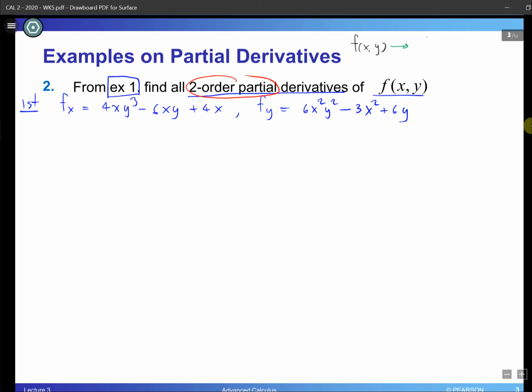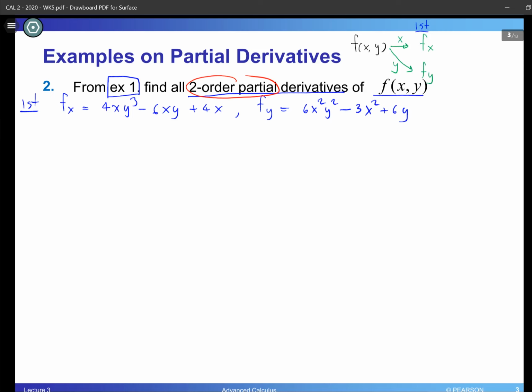So we get this fx, and we diff this with respect to y to get fy. Alright, so let's make a note here that we diff with respect to x and diff with respect to y. And what you have right here is the first order partial derivative.